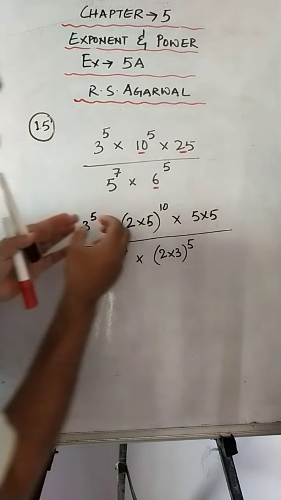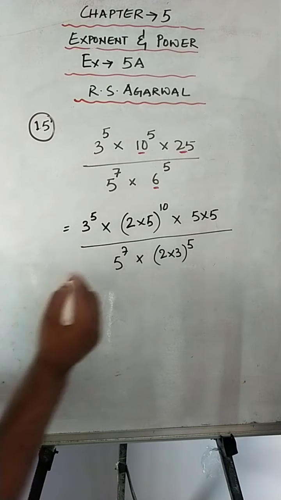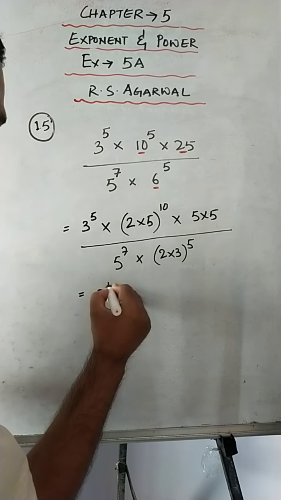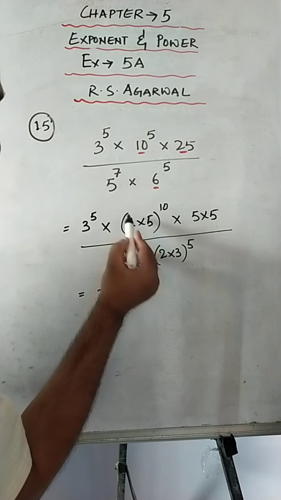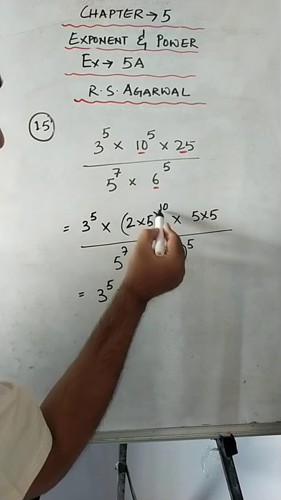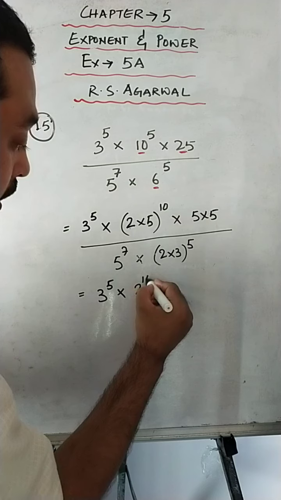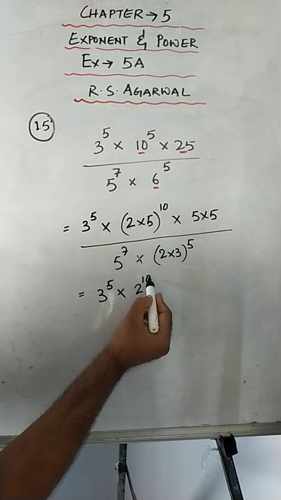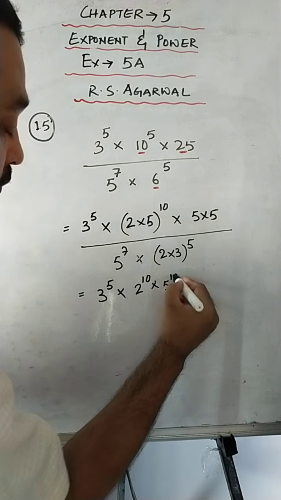So now we have simplified all the composite numbers. Now we have to open the bracket. So the next step is 3 to the power 5. How to open the bracket? That means this 2 and 5 are inside the bracket, and both these two numbers have 10 as a common power. So if I'm opening the bracket, I have to give 10 power to 2 also, and to 5 also.